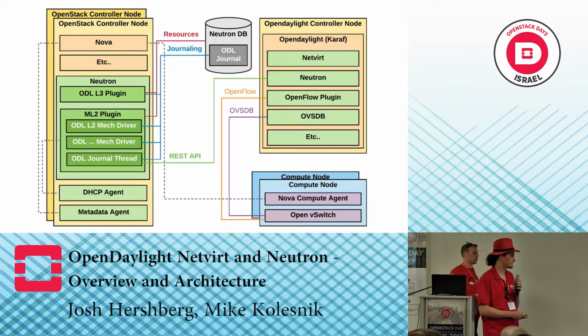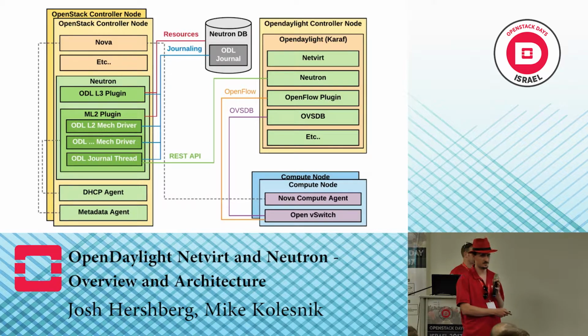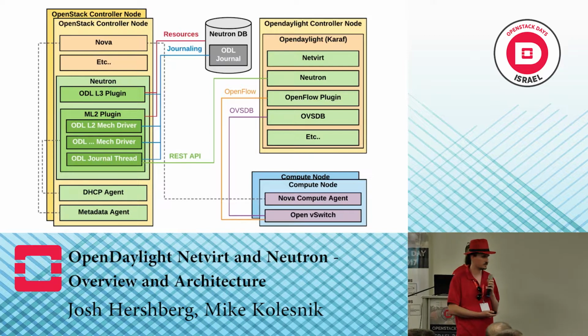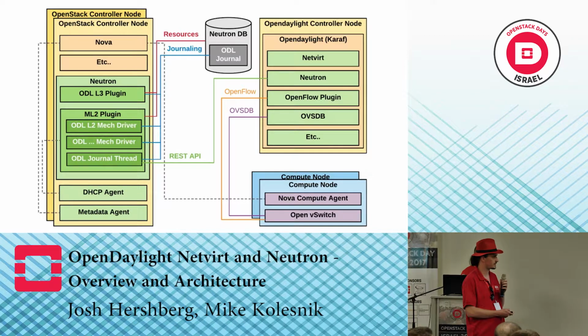On the OpenDaylight node, we have OpenDaylight, which is a Karaf, an application container. Inside, we have the applications Netvirt and Neutron, which are providing the Neutron functionality that we want, like L2, L3, all the extensions, provided via Netvirt and Neutron. So Neutron is more like just the REST API, and Netvirt is the heart of all of this.